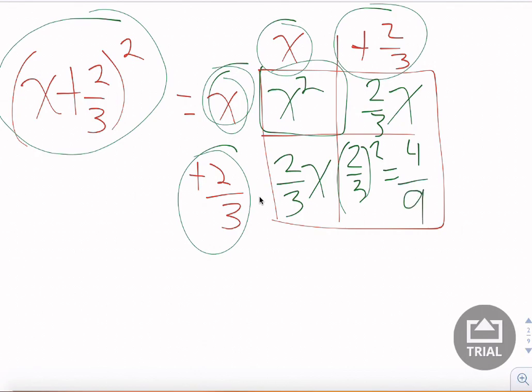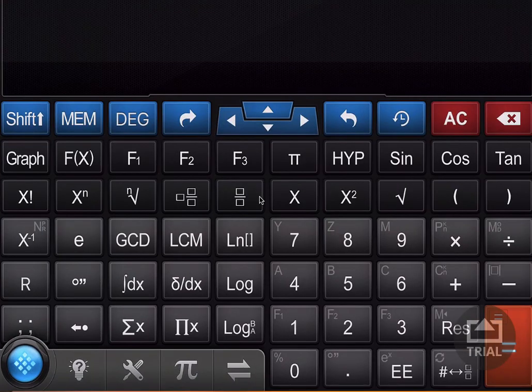Now I can do that on my calculator if I want. So I put things in a fraction, and I do 2 over 3, and I probably should have put a starting bracket and an ending bracket, and then square it.